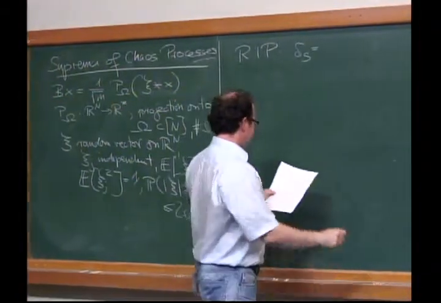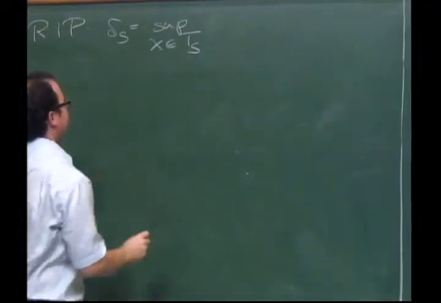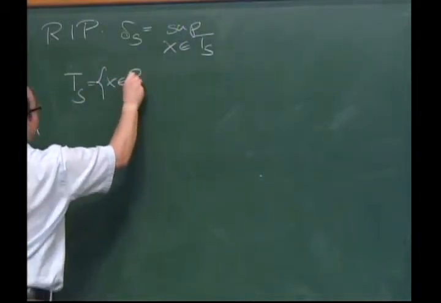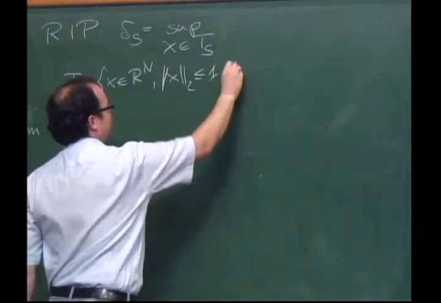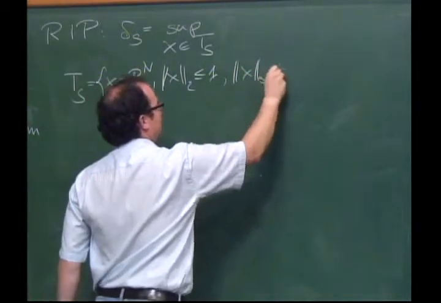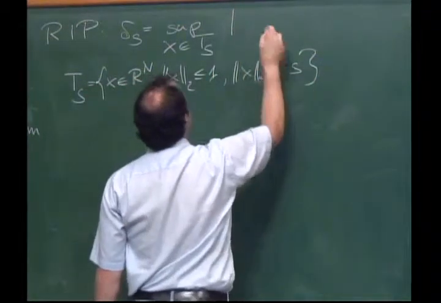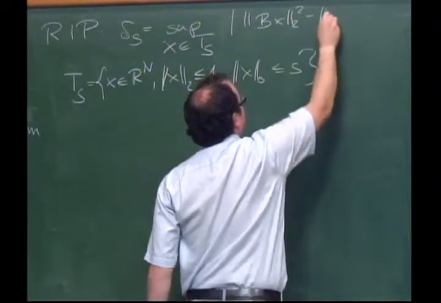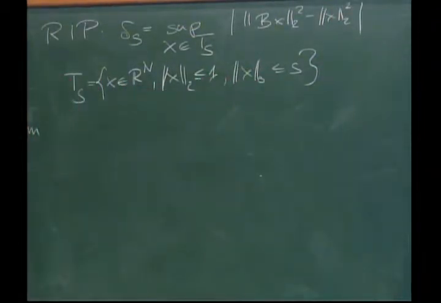And you can write them as the supremum over a certain set T_s. So T_s are the vectors in R^n with 2 norm at most 1 and sparsity at most s, of this quantity. So that's another way of writing the RIP constants.